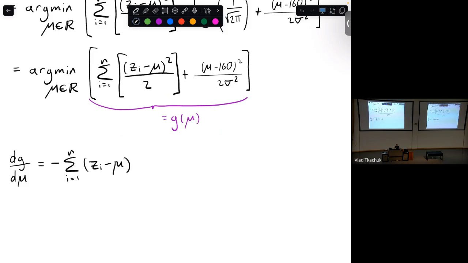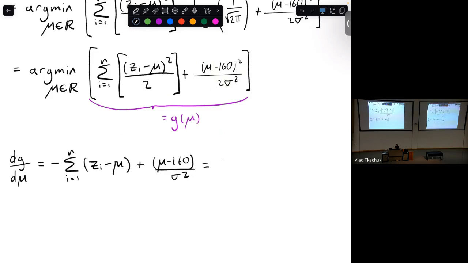And then the new part is we need to take the derivative of this with respect to mu. But that's pretty easy. You take the square, it comes out, cancels with this 2, and you're just left with this quantity divided by this. And then you take the derivative of the inside, but that's just the derivative of mu, that's just 1. So it turns out to be really nice. So that's just mu minus 160 over sigma squared.